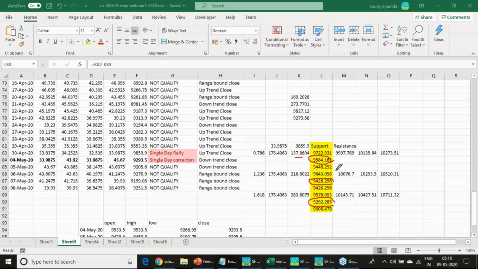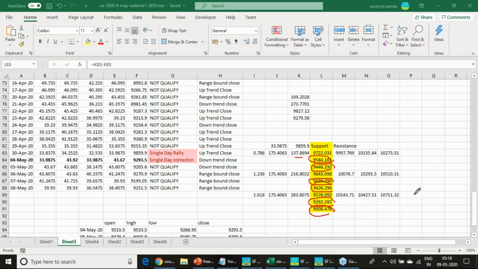The third cycle will be starting much before the second cycle ends, at 9446, 9426, 9008. So these are the levels you can get.